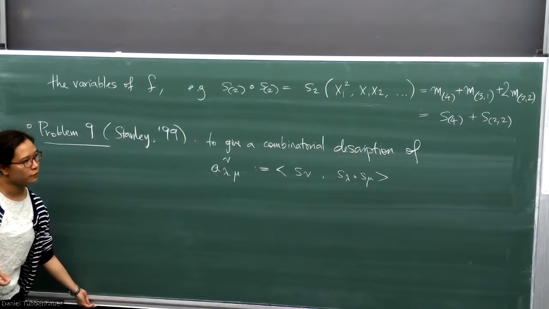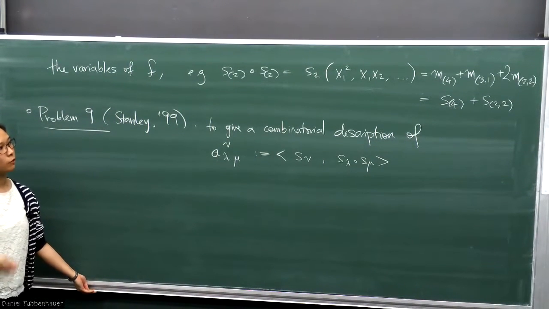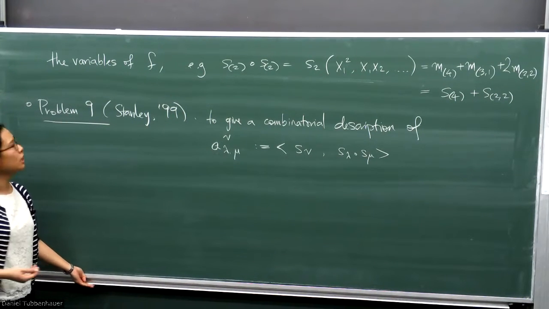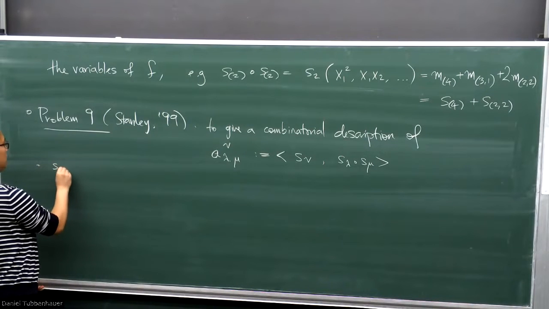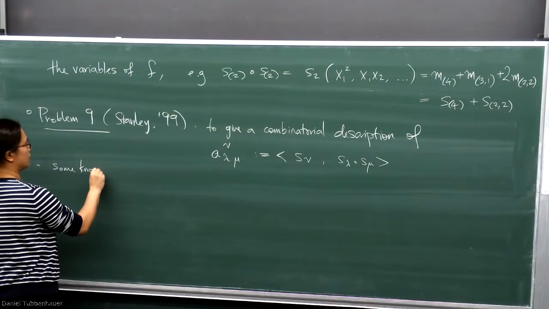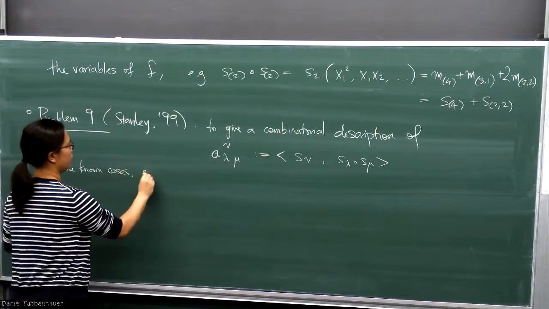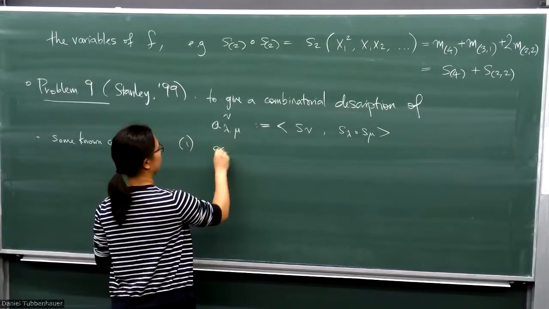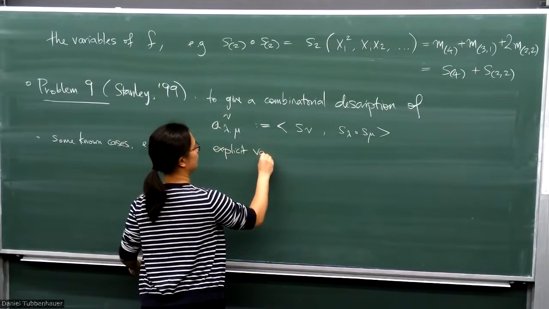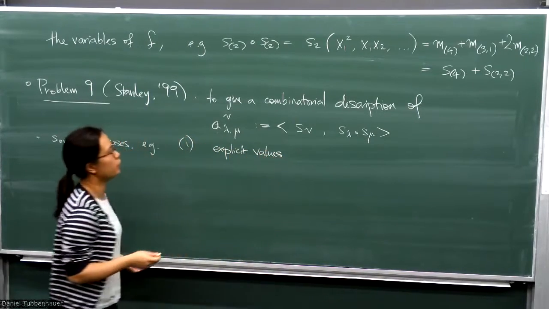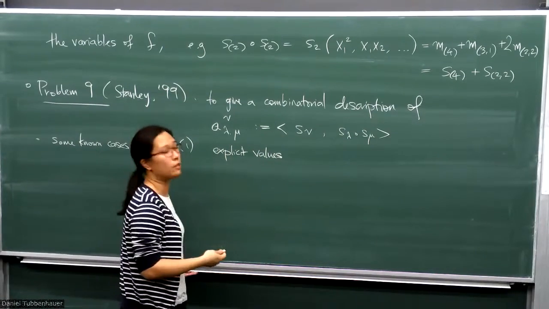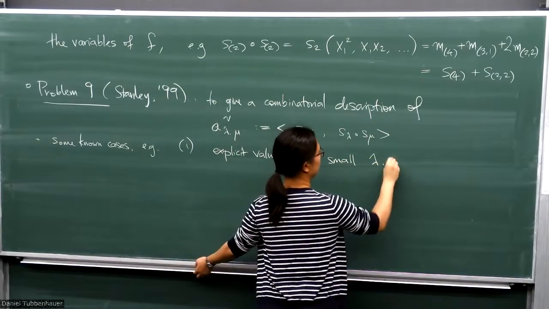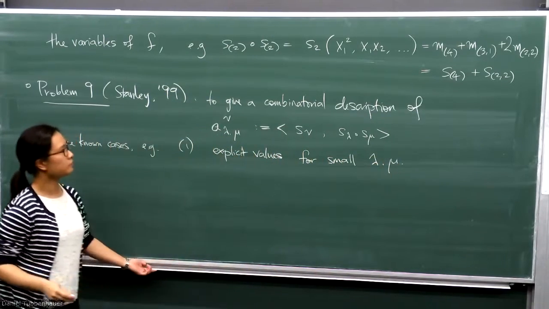Over the last few decades, the results on these plethysms have tended to come in one of a few different flavors. Some known cases, for instance, one, we can actually compute the explicit values when the parameters are quite small, so a small lambda and mu, let's say.